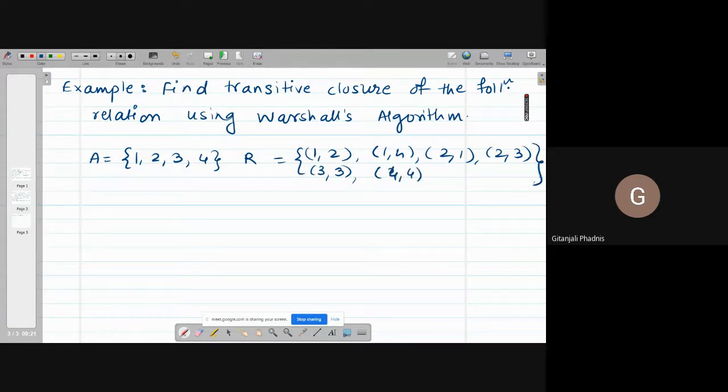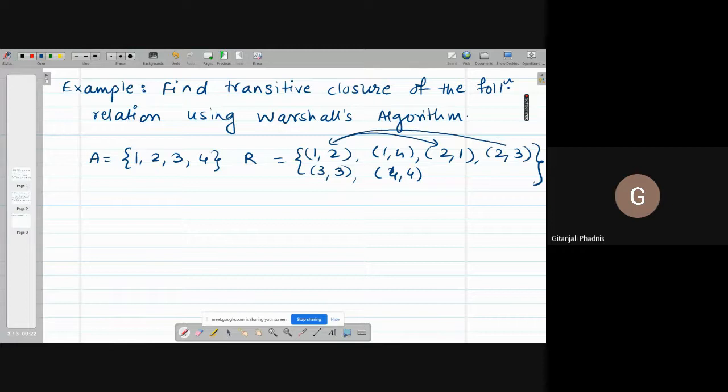First of all, you have to tell me whether this relation is transitive or not. No, ma'am. Why? Ma'am, because (1,2) is there and (2,1) is there, but (1,1) is not there. Exactly. Very good. These two ordered pairs should give you (1,1), but (1,1) is not in R. Similarly, (1,2) and (2,3) should give you (1,3), which is not there.